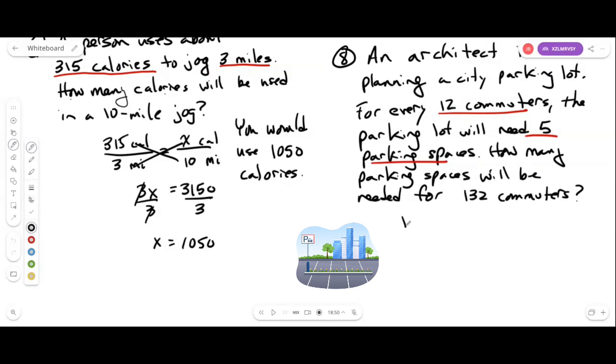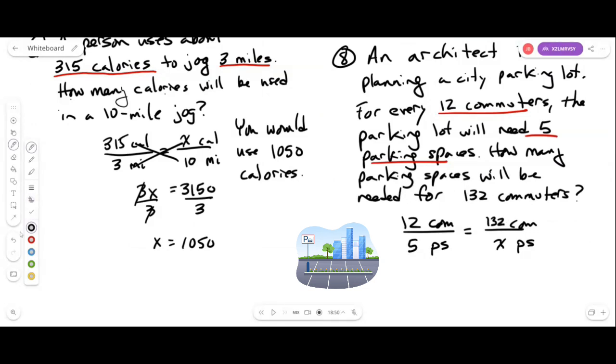So I'm going to write 12 commuters, 5 parking spaces. That means my new ratio that I'm setting equal to the given ratio must have commuters at the top, parking spaces at the bottom. It's asking how many parking spaces. So our X goes here, will be needed for 132 commuters.